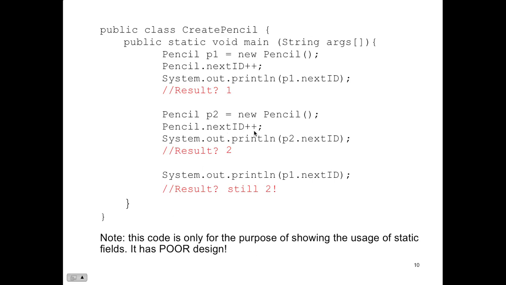We should be doing it inside of the objects. So inside of each one of the objects we can go pencil.nextID++. And we would probably have a default constructor that said, each time a pencil was created, increment the ID and then assign the number to the pencil, essentially. Inside of the class itself, but not inside the driver program.